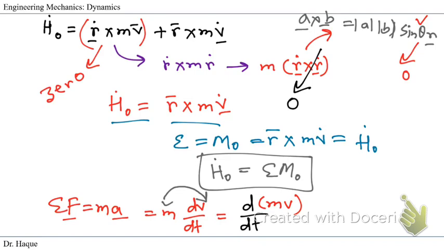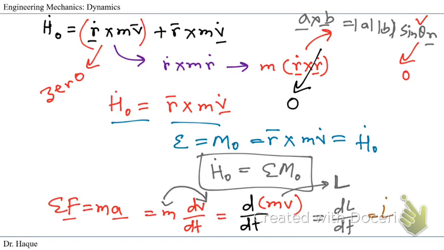So when we take the derivative of mv, we represent the momentum mv as L, that we saw in our previous lectures. So if we represent mv with L, it becomes dL over dt, which gives you L dot.